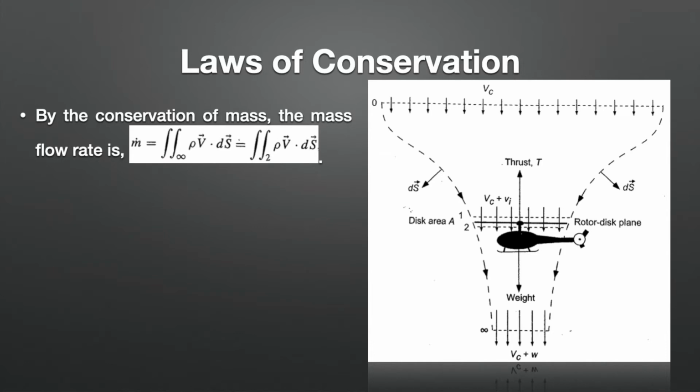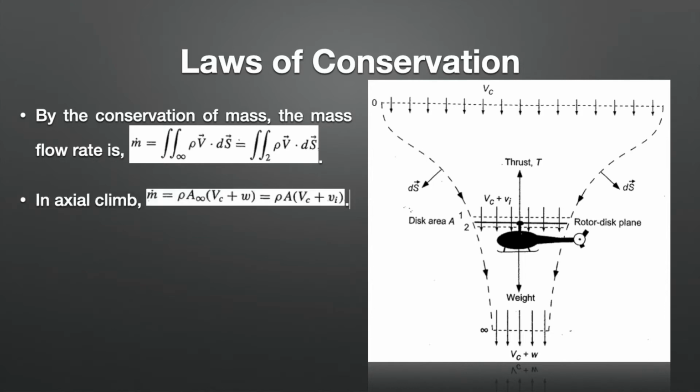That will be equal, since we are considering it as a constant, to double integration at the bottom disk area plane of rho v into ds, where ds is again the outward pointing normal from the control volume. By substituting the values of the axial climb problem, m dot is equal to rho a into Vc plus omega, that's equal to rho a into Vc plus Vi.